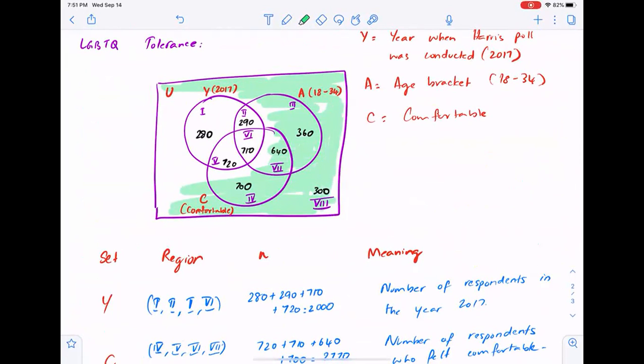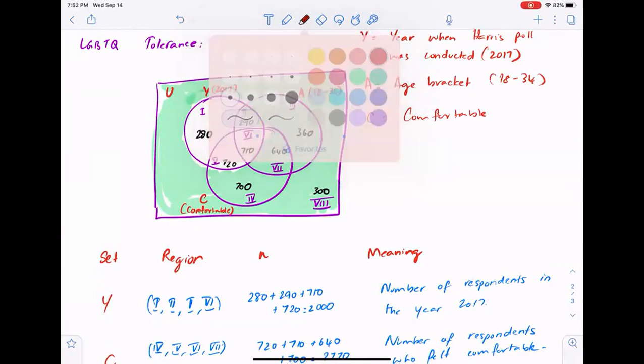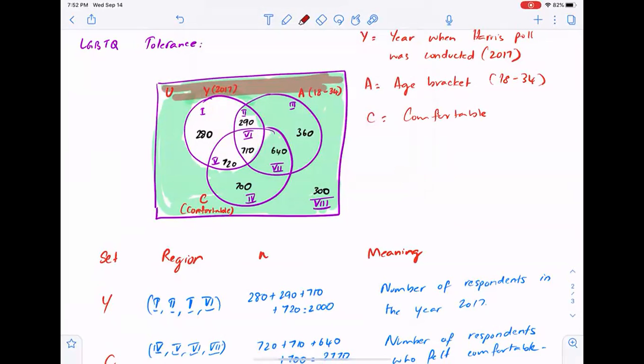So if there are empty spaces or blank spaces, don't take it seriously. And region 2 is not included. And everything that is not C will be in C complement. So we have to exclude everything that is not C.